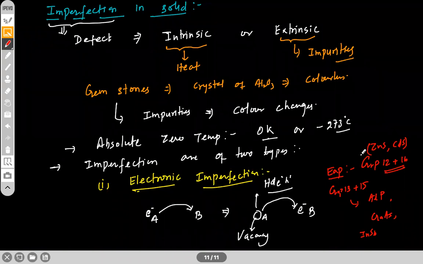Now, after electronic imperfection, the next one we have is atomic imperfection, the second type.